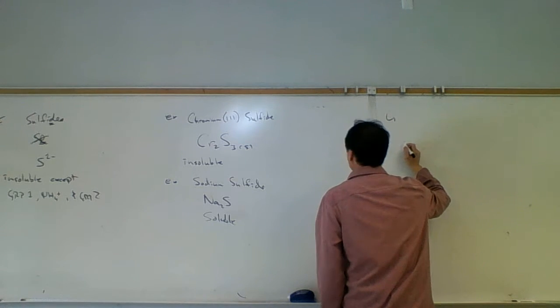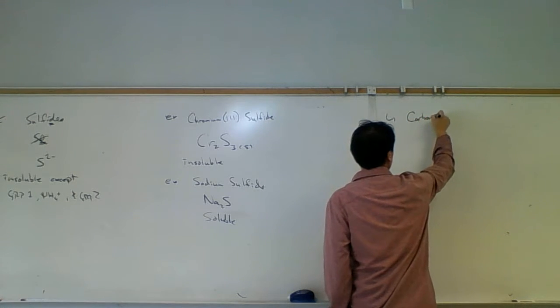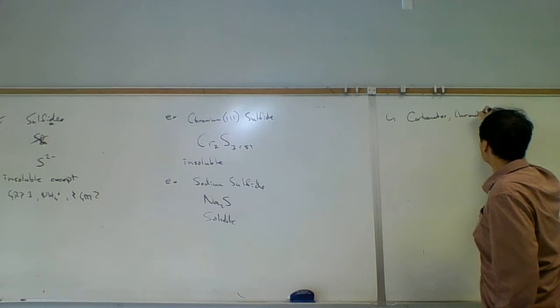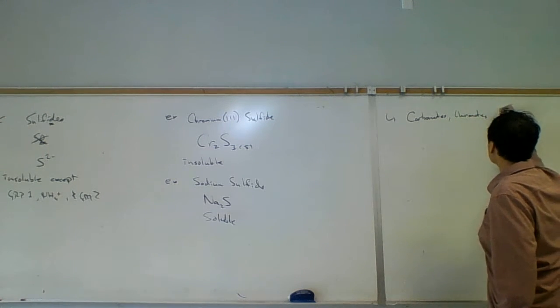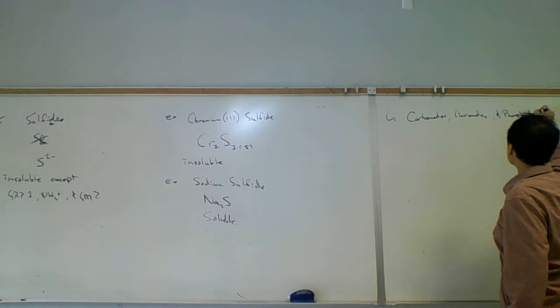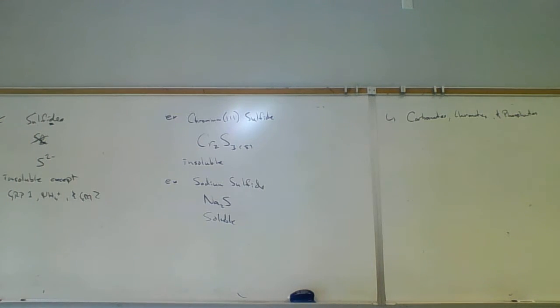The next anions we're going to look at will be the carbonates, chromates, and phosphates. This is not a comprehensive list. These are just some of the common anions and cations that we encounter. If it's not one of these, it might be similar to one of these, or we just look it up.